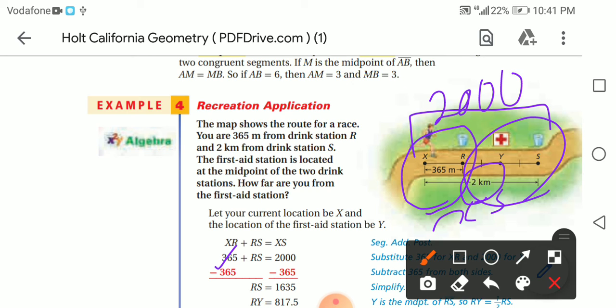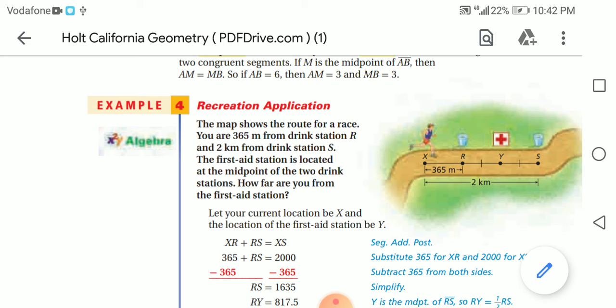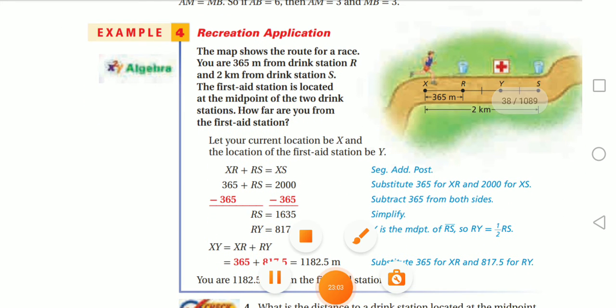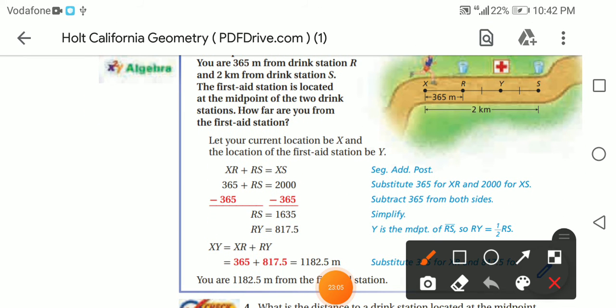So let's solve with algebra now. Substitute 365 for XR, RS I don't know, and for XS it gives me 2,000 meters. So what do I do to get rid of this 365? It is positive, so I will subtract 365 from both sides.